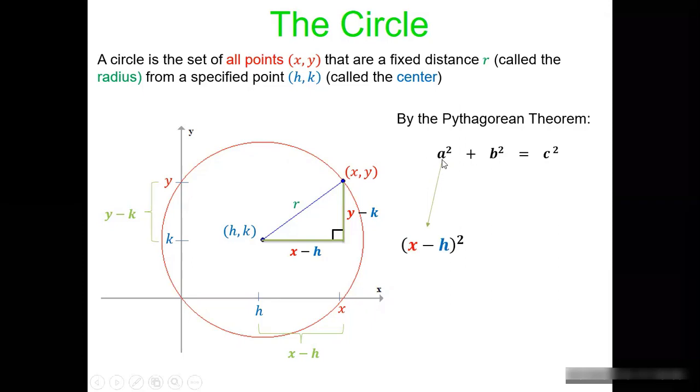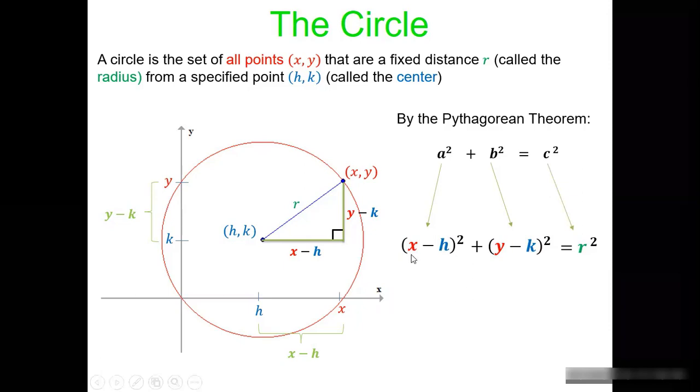We can rewrite a squared as (x minus h) quantity squared. And we could refer to b squared as (y minus k) quantity squared. Now by the Pythagorean theorem, we know that that equals the hypotenuse squared, but notice that the hypotenuse is our radius. So this is equal to our radius squared.